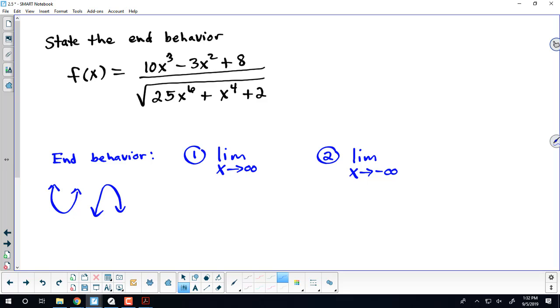When we have a polynomial divided by another polynomial, if you compute the limit at infinity and the limit at negative infinity, it'll tell you the same thing. So we did make note of that. When you're determining end behavior of rational functions, it's sufficient to look at just one of those, but only for rational functions.